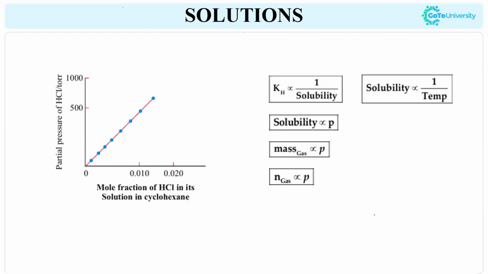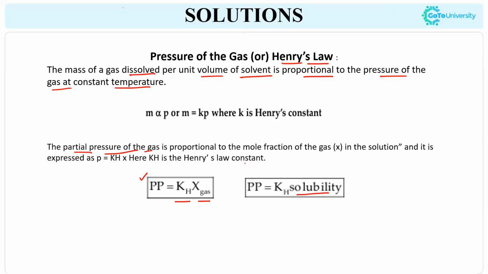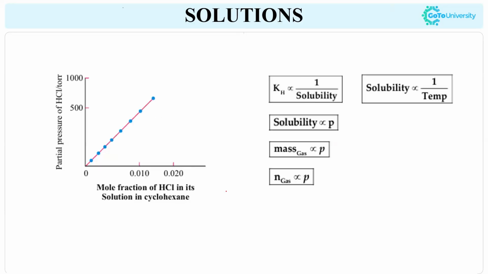Okay, then the next thing we have to know, that is what are the different factors affecting the solubility. So we know that from this previous equation we can say the partial pressure of the gas is directly proportional to mole fraction, right? That is partial pressure is proportional to the mole fraction of the gas. Now if you check the relationship between the Henry's constant and mole fraction, that will be inversely proportional to each other.